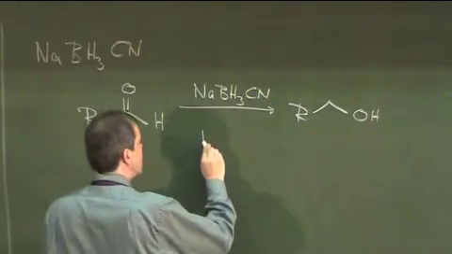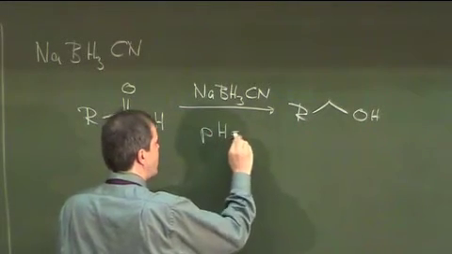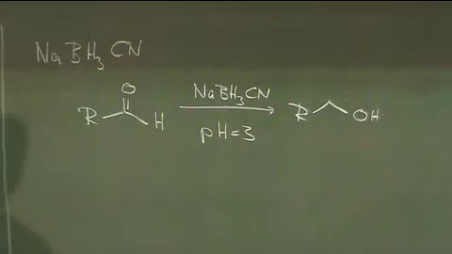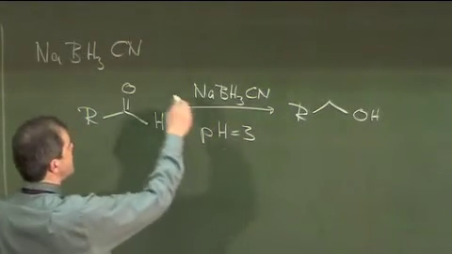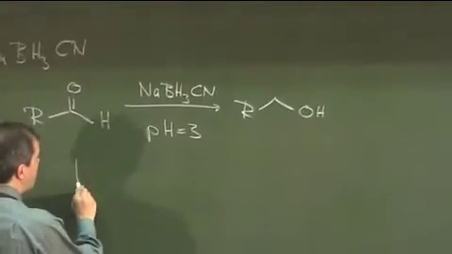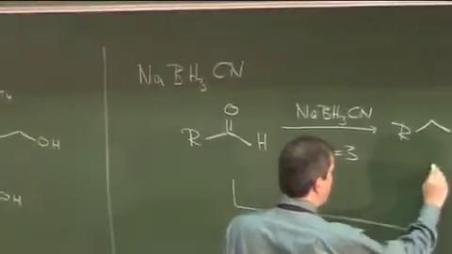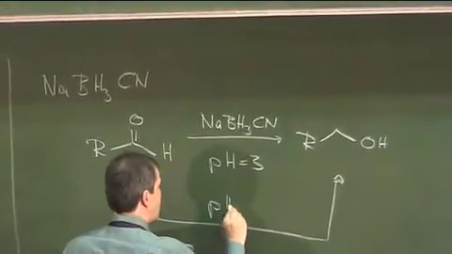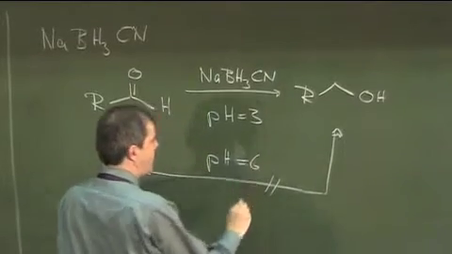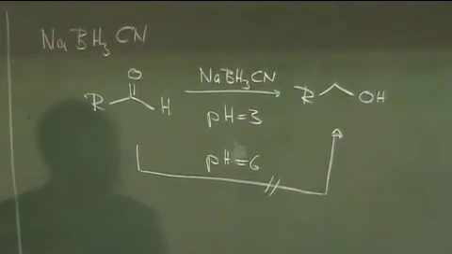However, and here another factor comes in, the reduction power is pH dependent. So if you have a relatively acidic pH activating your carbonyl compound, it will react. At pH 6, however, no reaction will occur.